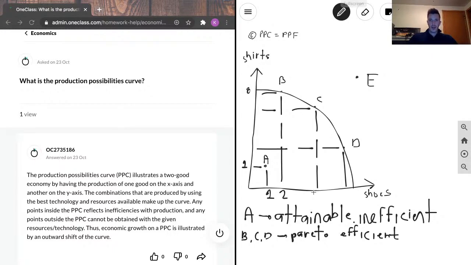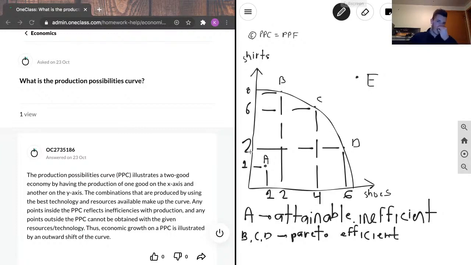Point C, you can get 4 shoes and call it 6 shirts. Or point D, you can get 6 shoes and 2 shirts. All 3 of these points, and more broadly, any point on this line, are Pareto efficient or technically efficient.